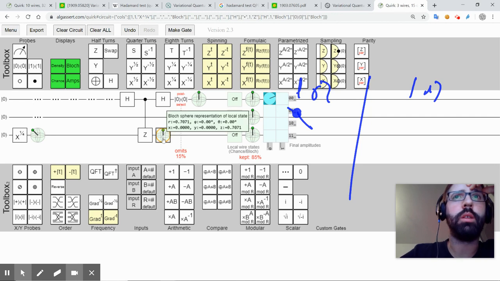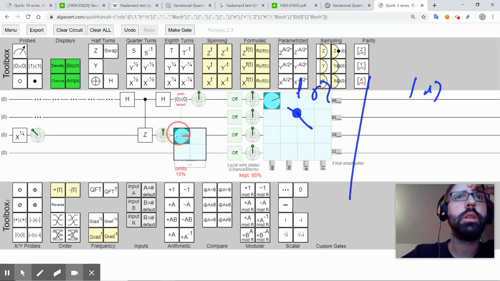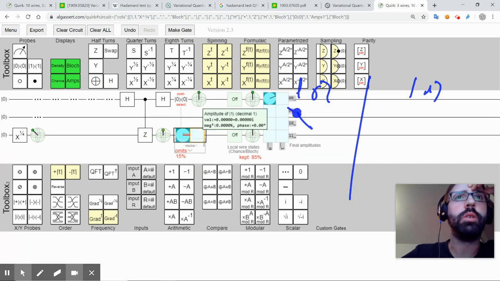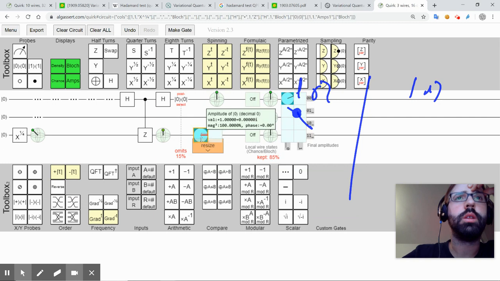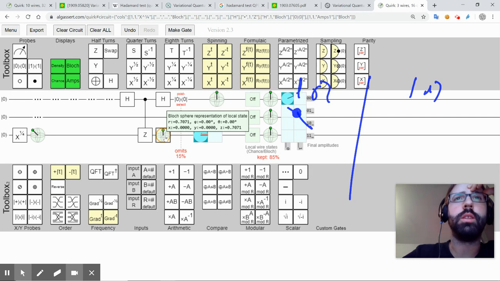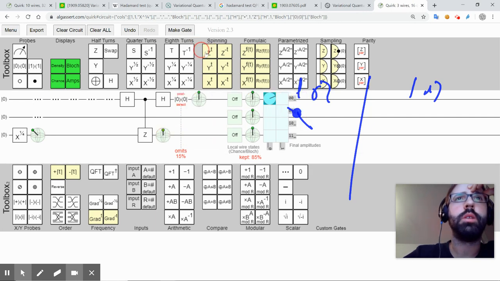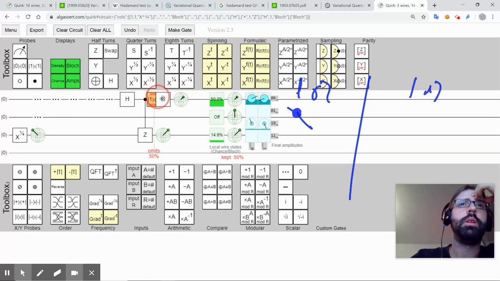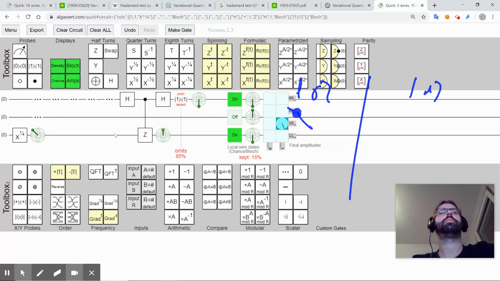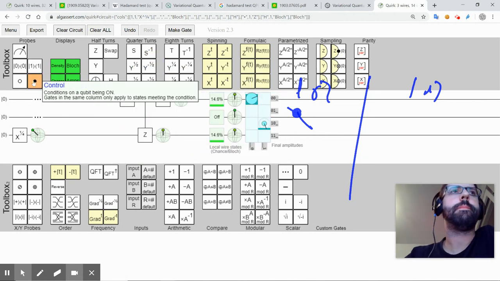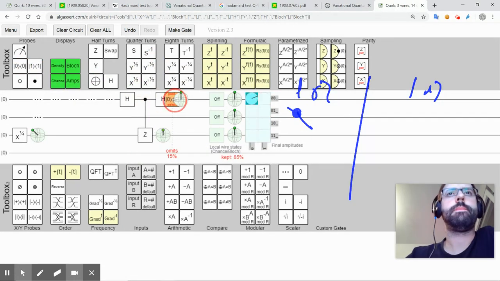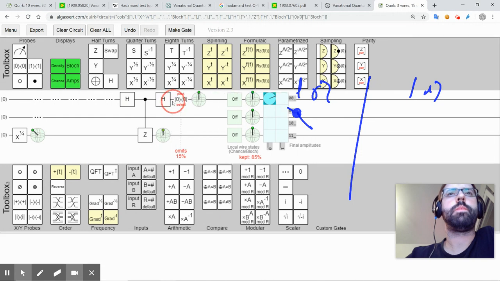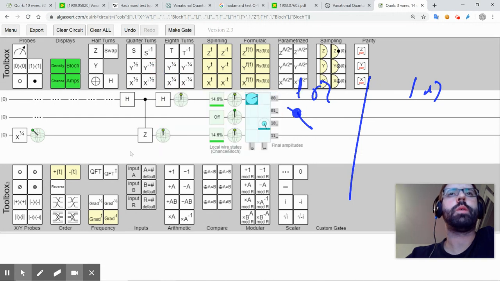But it's a bit entangled. No, it's totally 0. Okay. No, but it's not. There's a bit of entanglement. Why? If I post-select on 1, hmm.